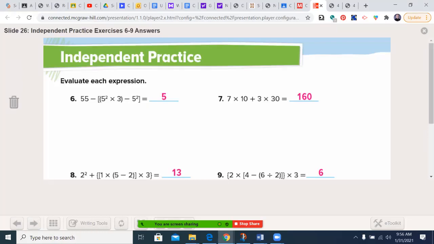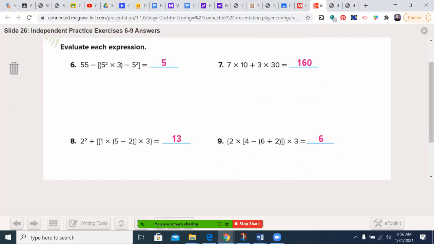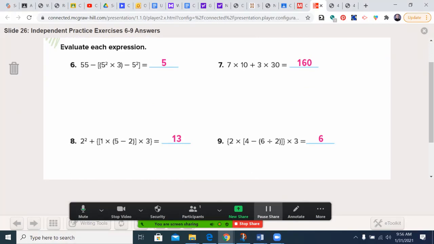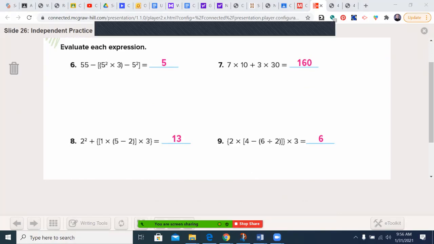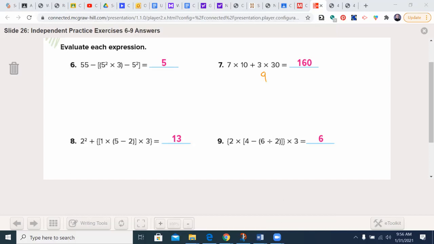Welcome back. Let's see how you did. First on number 7, you should have answered with 160, because 3 times 30 is 90. 7 times 10 is 70. 70 plus 90 is 160. Over here, we start in parentheses. We get 3. And then we go inside the bracket.